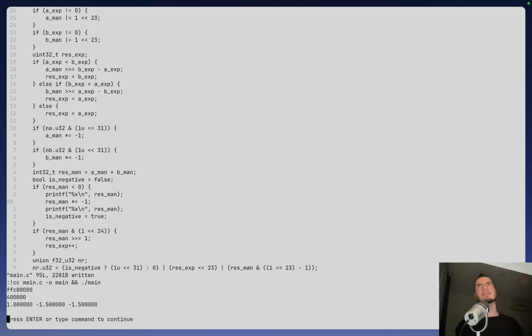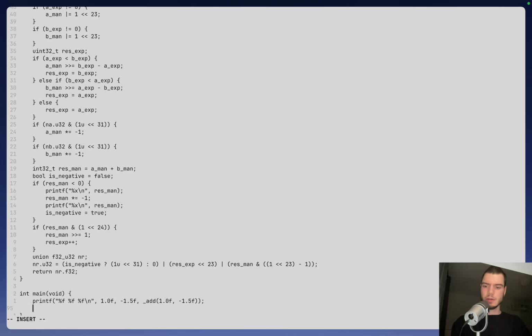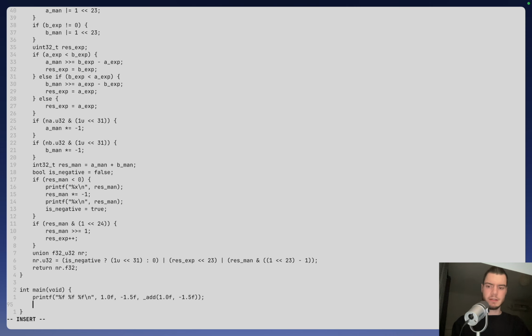And that's interesting, because if we try to write down what these input values are in hex, we get 1, which is just the exponent value 0 and the mantissa of all zeros.